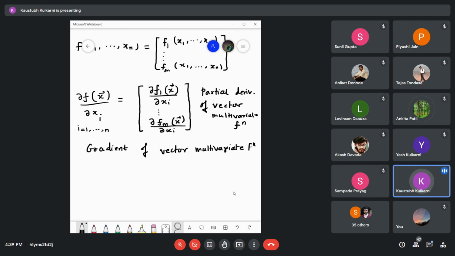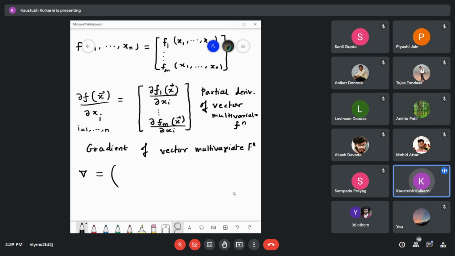Now consider this function. As we saw before in the case of the gradient, in general the definition of the gradient is that each component of the gradient is the partial derivative of a particular function with respect to each of its variables.